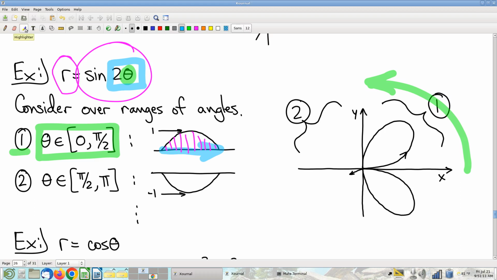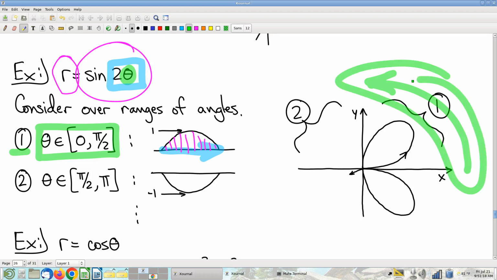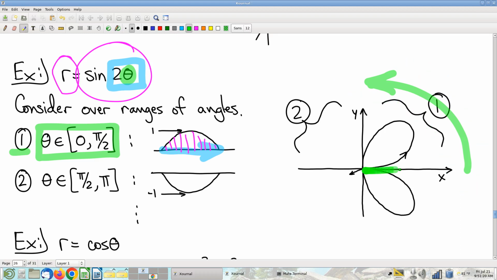As theta goes across these angles, in other words, as my direction does like that, the values of r, in other words, how far do I go in those directions, start at 0, then start to increase, and then at pi over 4 reach a maximum, and then start to decrease until it comes back down to 0.